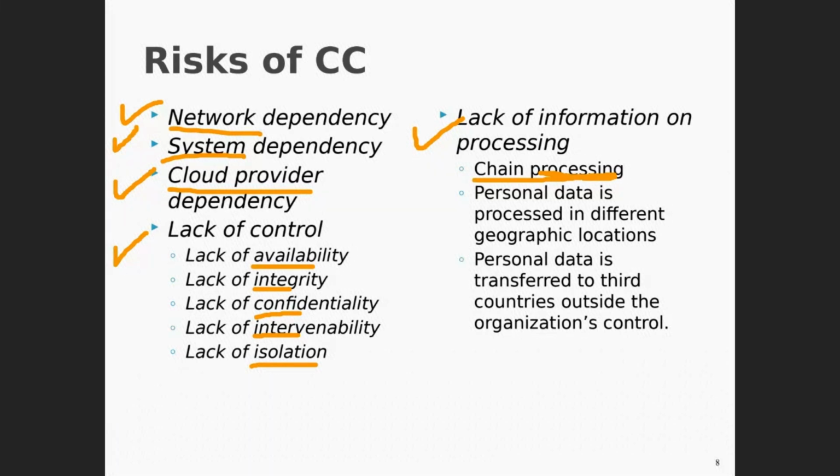Because it is available in different places, less information can be provided about processing this data. And also it's transferred to third countries outside the organization's control. For example, the organization has no control over the personal data transferred to other countries. That's why this is a kind of risk.